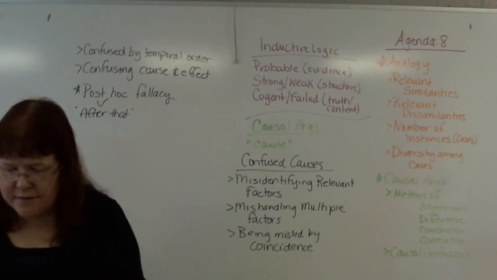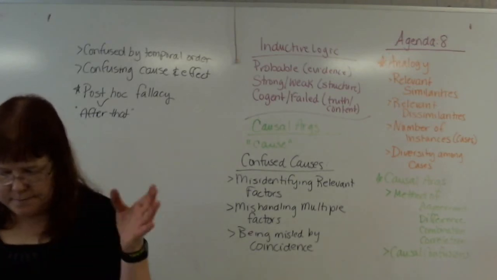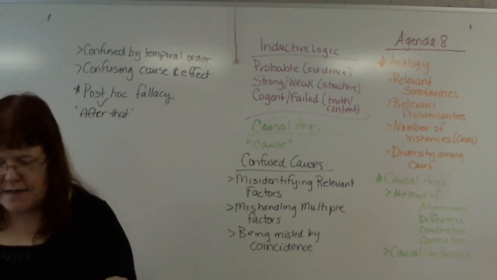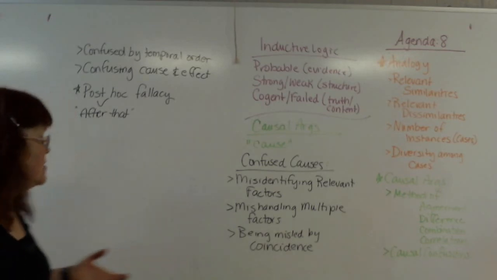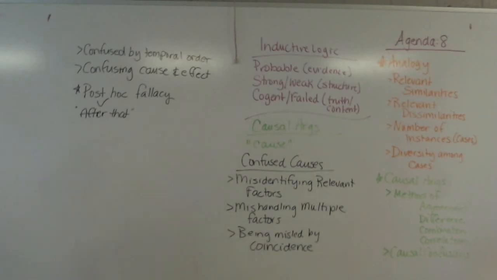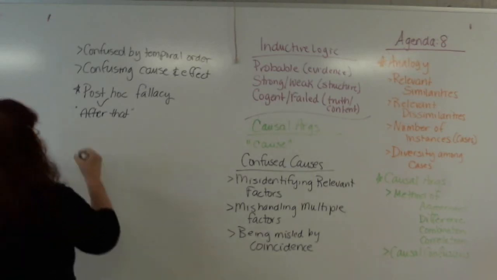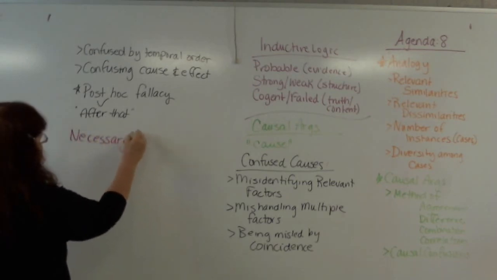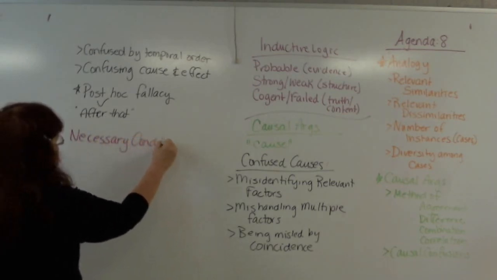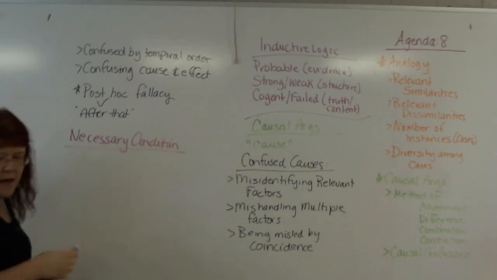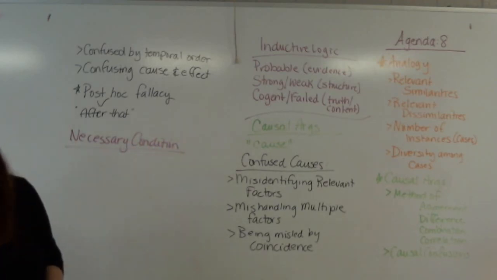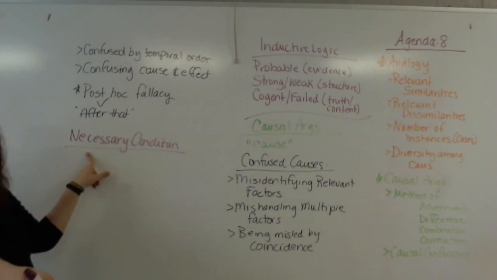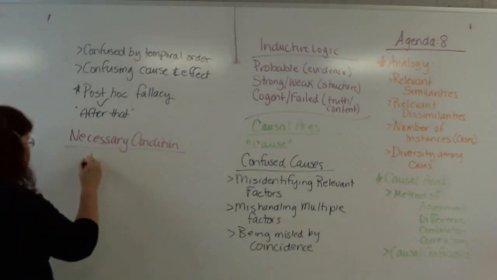The last piece of this chapter that's important for us is the difference between a necessary and a sufficient condition, okay? A necessary condition is one that if I don't have it, the thing can't happen, okay?